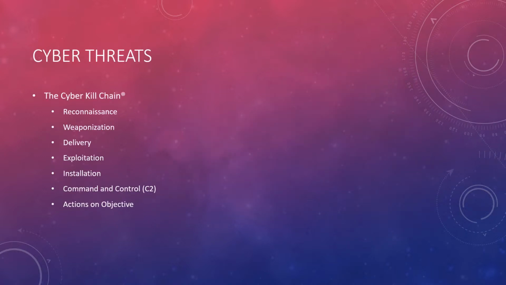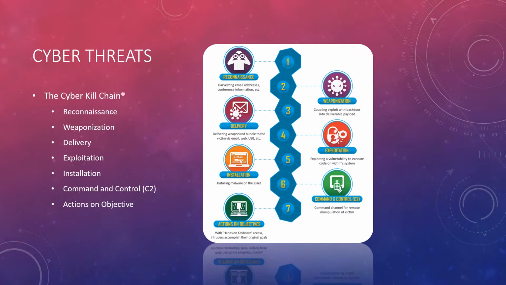Now, each of these threat actors use a variety of attack methods and tools, but all the attacks can be mapped to a model known as the cyber kill chain. This model was developed by Lockheed Martin, a defense contractor of the United States government, and basically it consists of reconnaissance, or a planning phase of an operation where they conduct research to understand our organization, weaponization.